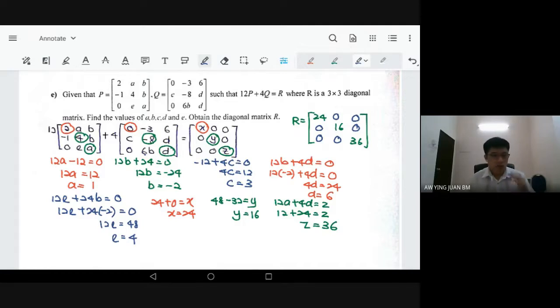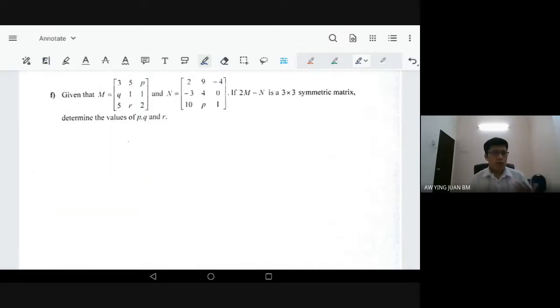So next we have to discuss the F. Another situation for the application of types of matrices and also the operation. So here we have question F. Given the matrix M and the matrix N, if, so this is the same meaning as given, if, and such that, meaning that the statement that has been given is a true statement.